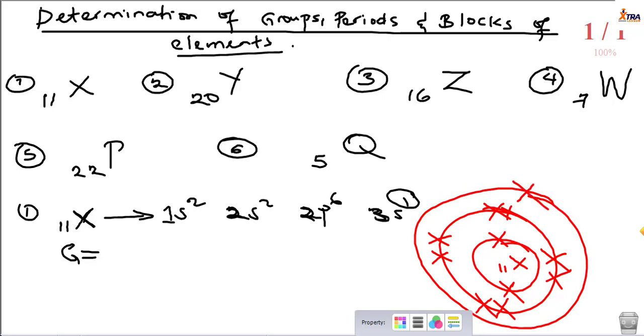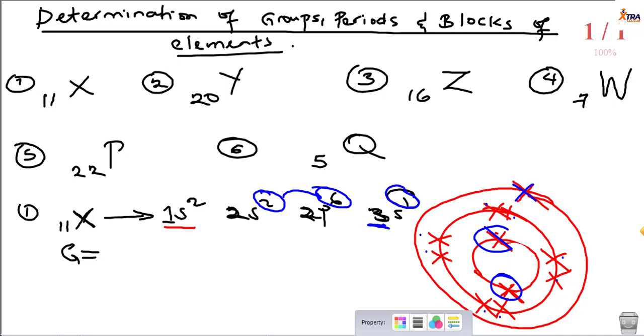So 1s2 means that on the first shell, there are just 2 electrons, which are 1 and 2. 2s2, 2p6 means on the second shell, there is a total of 2 and 6 electrons, making 8. So this is 1, 2, 3, 4, 5, 6, 7, 8. And on the third shell, there's just 1 electron, which is this.